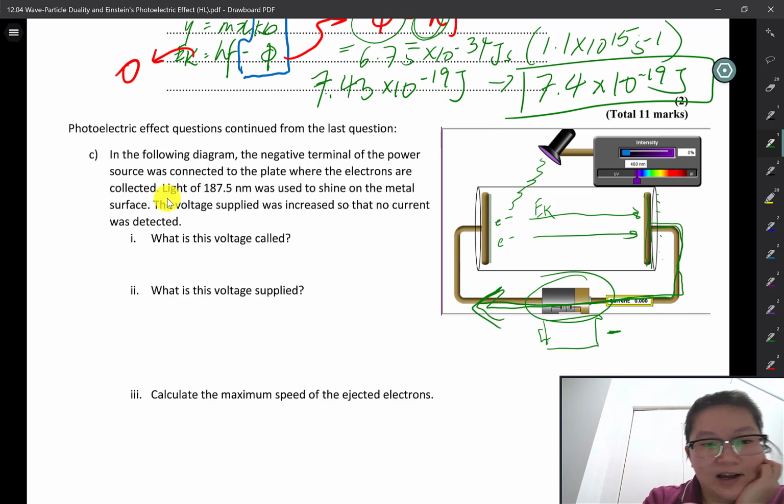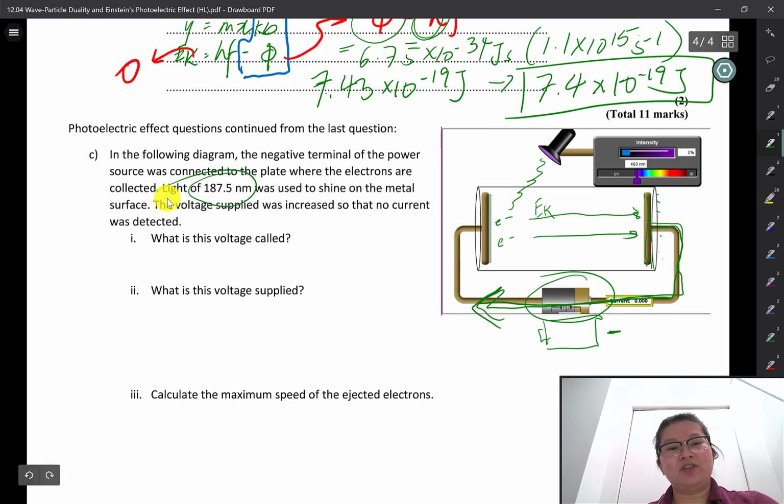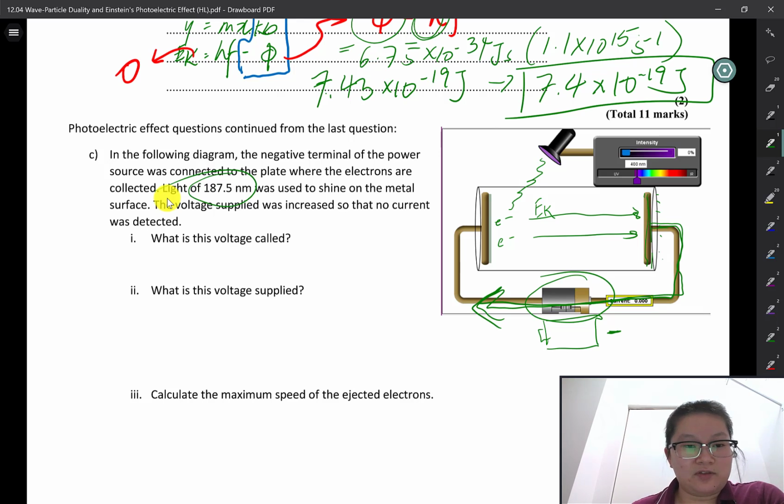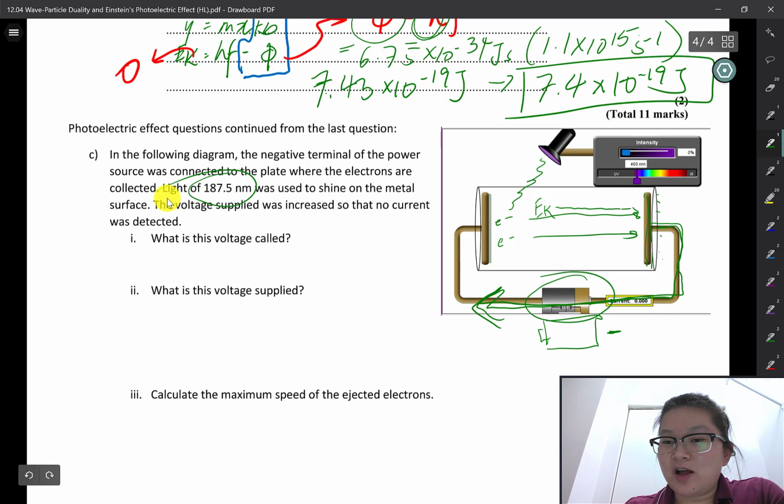So light of this wavelength is used to shine on the metal surface. The voltage supplied was increased so that no current is detected, meaning that this battery supplies just enough potential difference so that this electron just doesn't make it across.